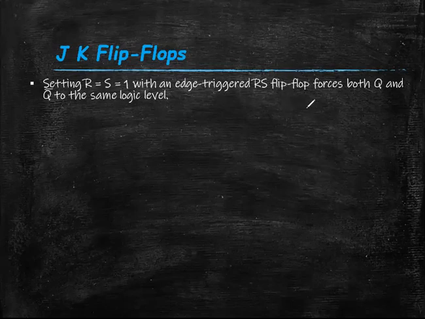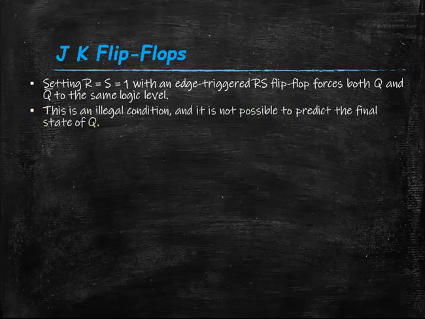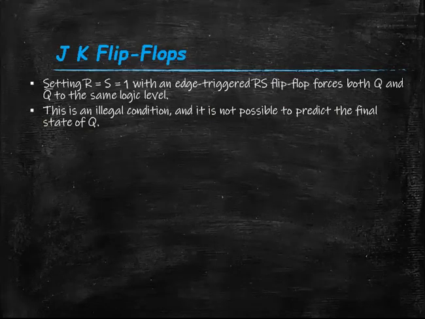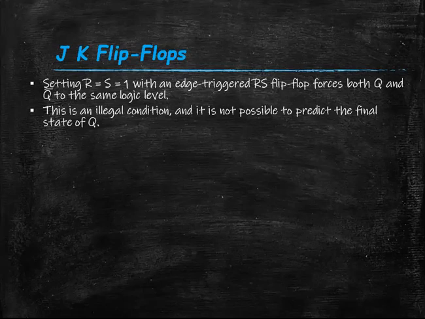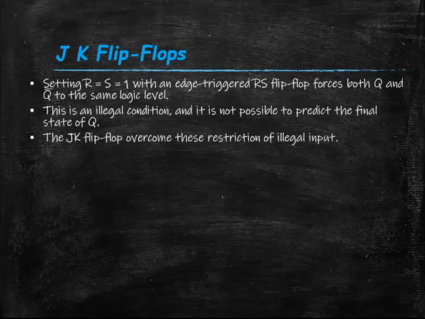In the RS flip-flop using NOR, both outputs must be low, and using NAND gates, both outputs must be high. This is an illegal condition. So it is not possible to predict the final state of Q. The JK flip-flop overcomes this restriction of the illegal case.